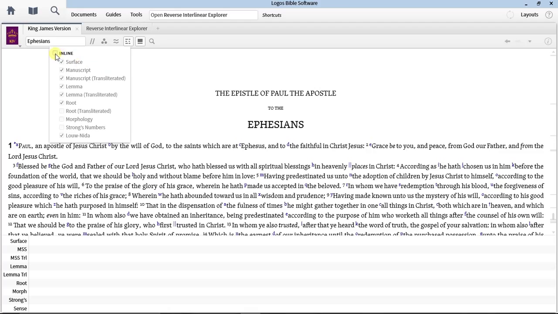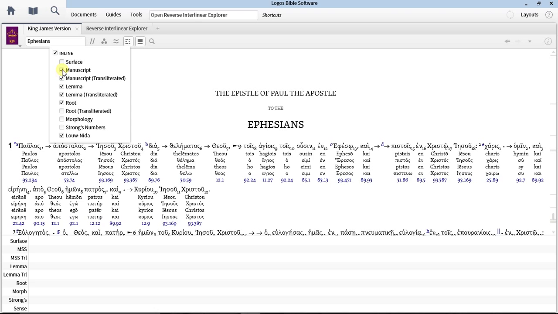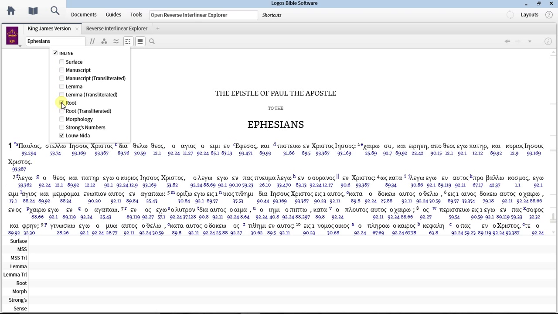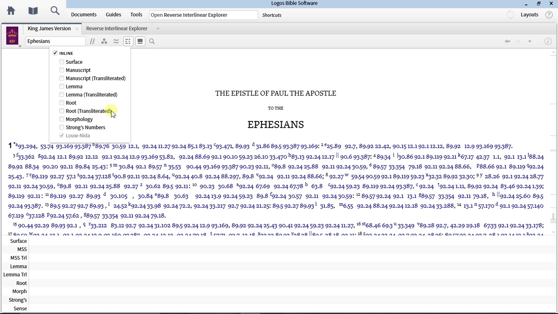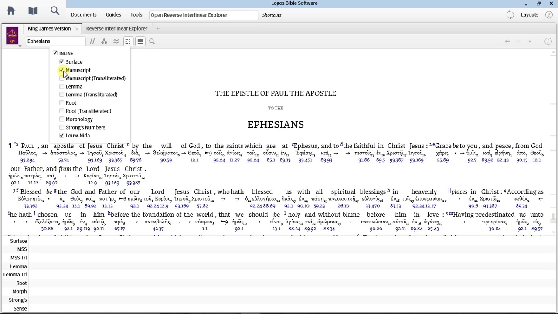You can see some of the things that were in the other reverse interlinear. So you can have the surface, which is the translation, and the manuscript. So you got your manuscript, the original language.